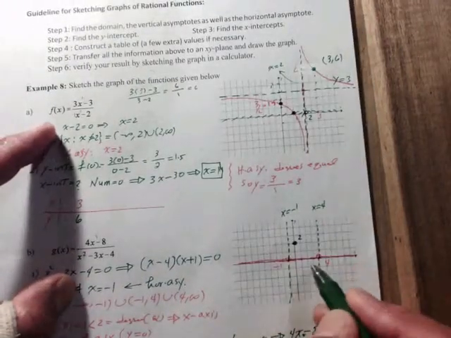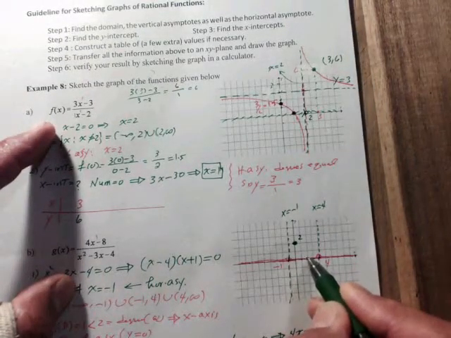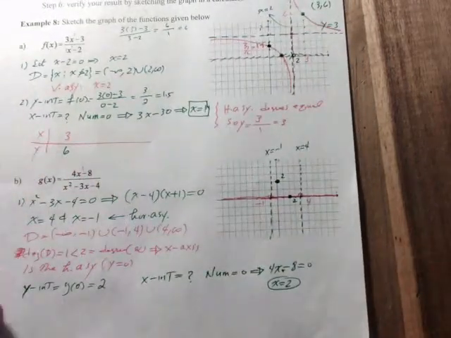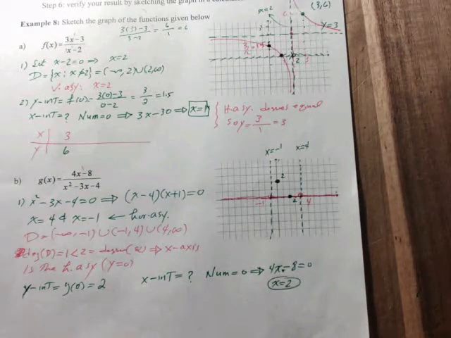Here we go. This is 1, this is 2, it's right there. So x-intercept is 2, y-intercept is 2. Okay? And that's all I have so far.